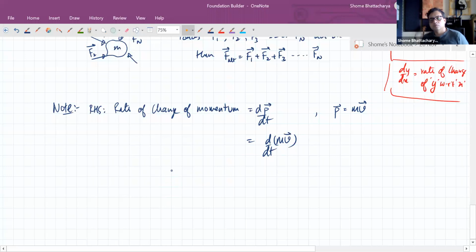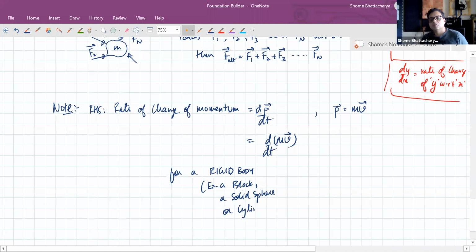Now for a rigid body, for example a block, a solid sphere or cylinder or plank or rod or any such thing, for a rigid body, the mass is constant.